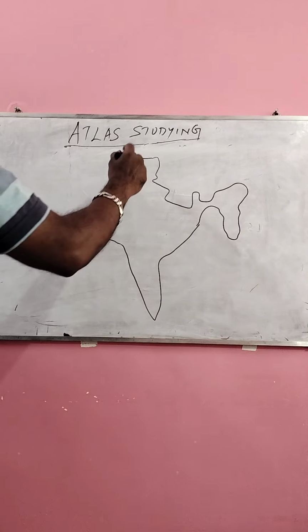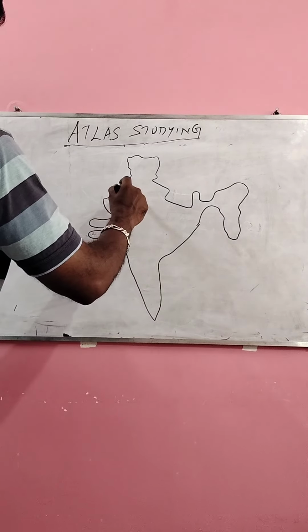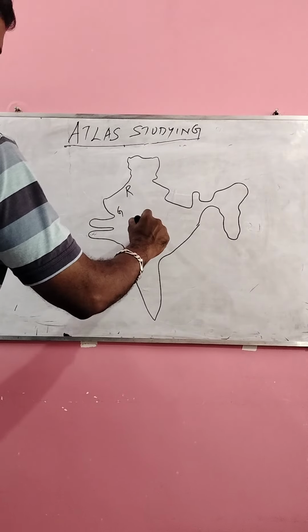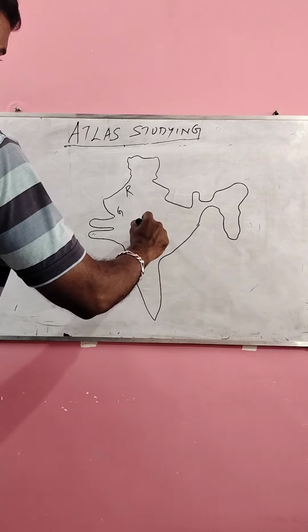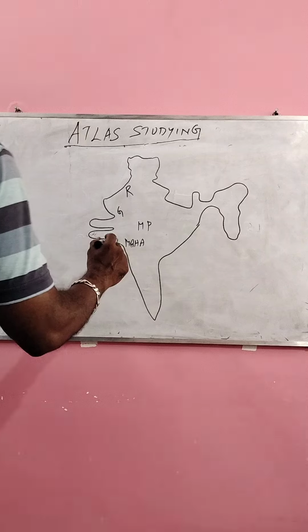Okay. Rajasthan, Gujarat, Maharashtra, Madhya Pradesh. Draw roughly and mark it.